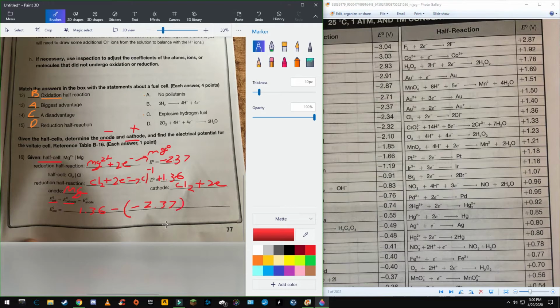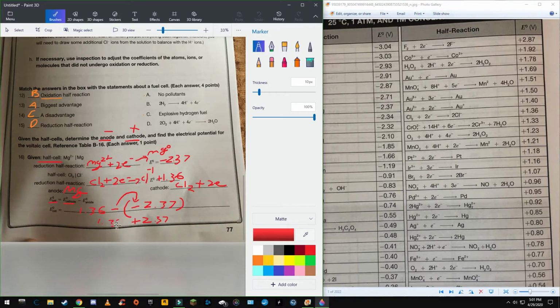Now I'm curious here, because the energy level of our anode is a negative, but it has a minus sign here. So I'm annotating that. You see here, I have that minus from the equation here, but the actual number here is a negative. So I put it in parentheses because by the simple rules of math, we have to carry that negative sign to this and make it a positive 2.37.